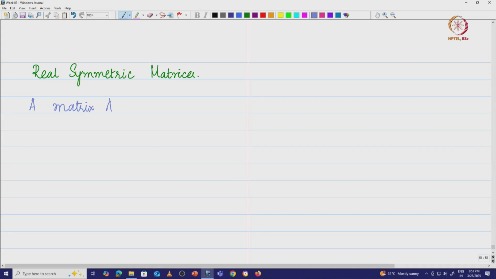A matrix A is real symmetric if all its elements are real and A transpose is equal to A. This is when you call a matrix a real symmetric matrix.